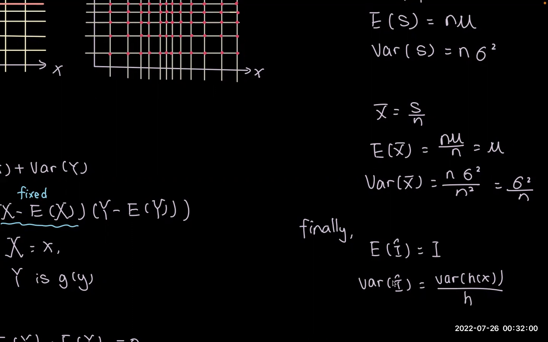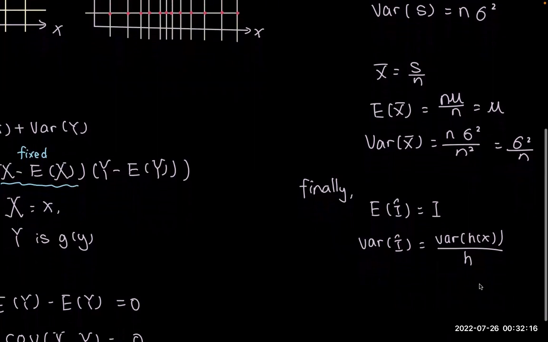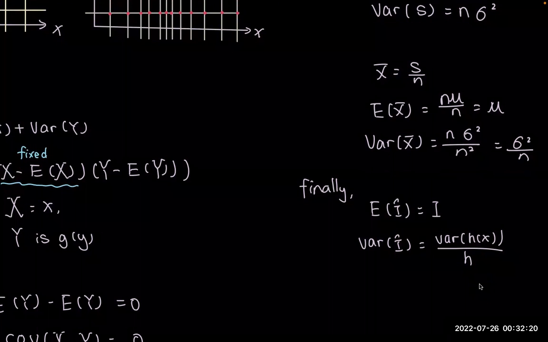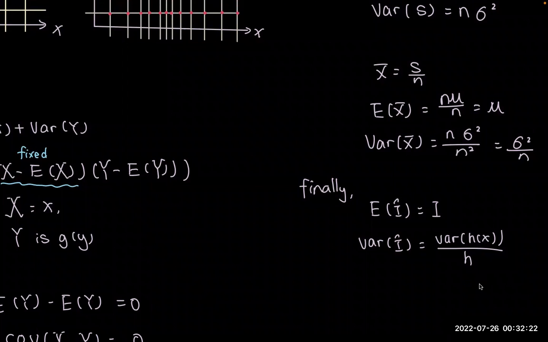So that is the variance of I hat, or in other words, the magnitude of the fluctuation is inversely proportional to the sample size n. And it has nothing to do with the dimensionality of X. So that means the Monte Carlo method actually avoids the curse of dimensionality as long as you can do random sampling. You can draw a fair sample from the density f of x.